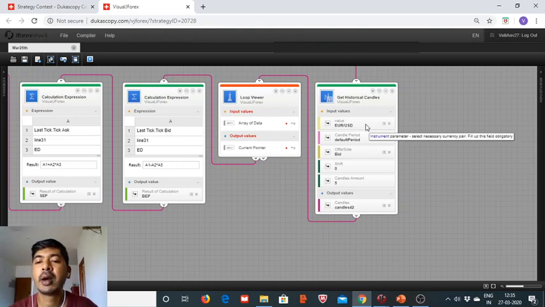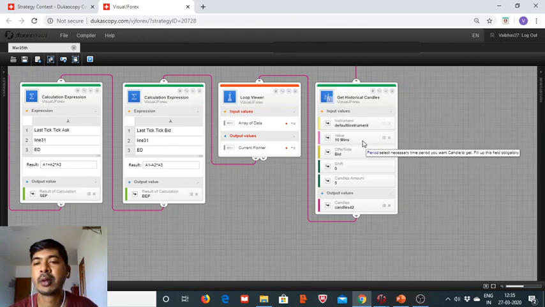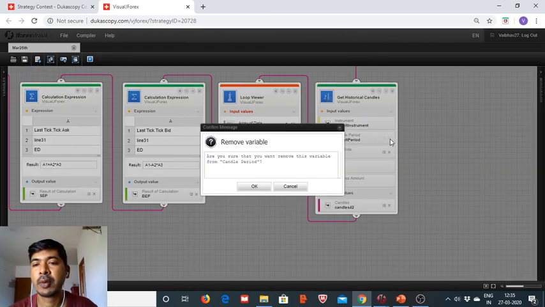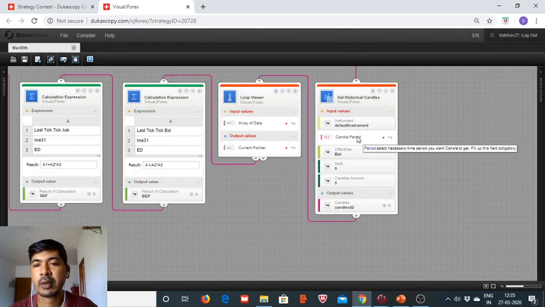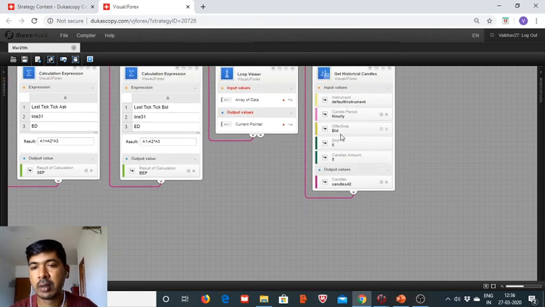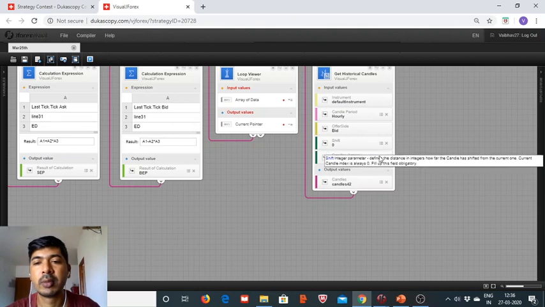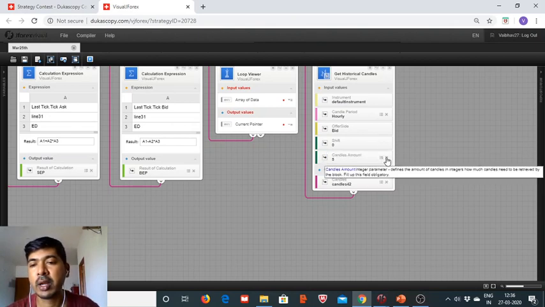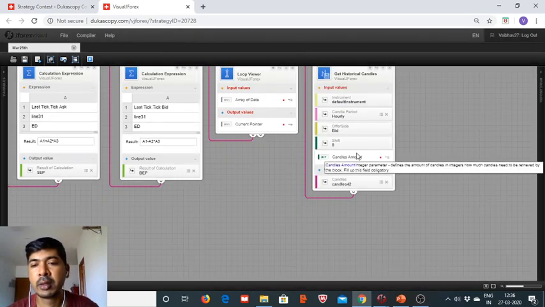And now we want it to be hourly. We will be using the data for the last 8 hours, so we want the candles to be hourly, and then the shift will stay at 0. The candle amount will be 8.